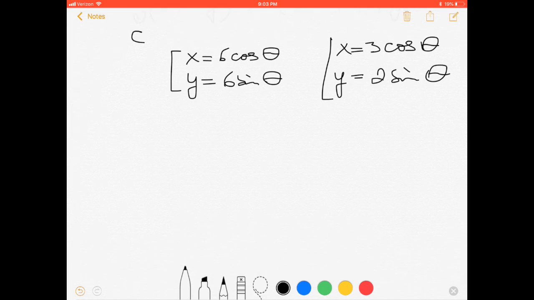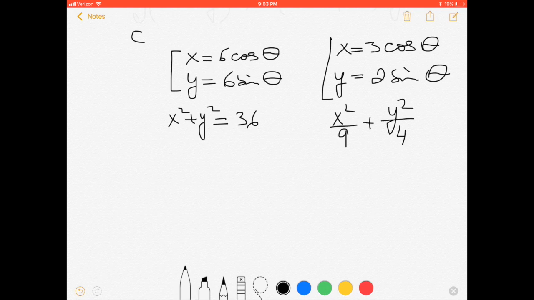How can you easily see? The first one will be x squared plus y squared equal 36. This means a circle with center at the origin and radius 6. And the second one will be x squared over 9 plus y squared over 4 equal 1. This means an ellipse.